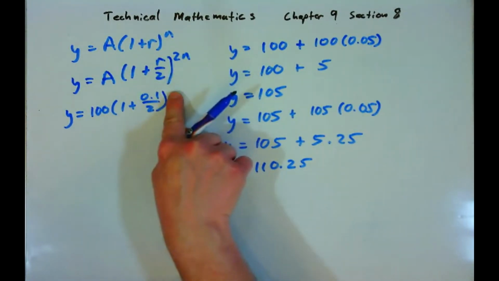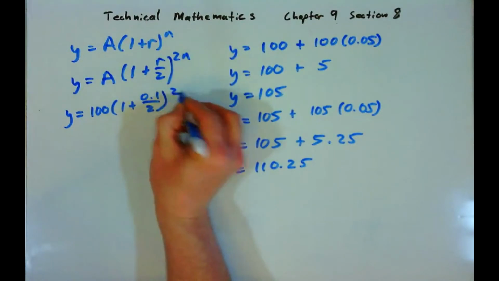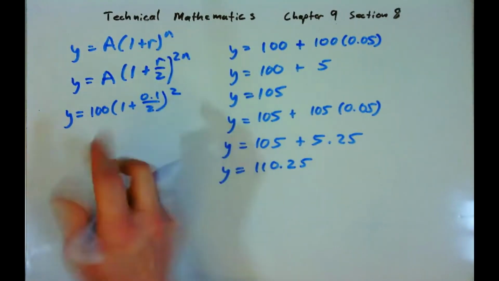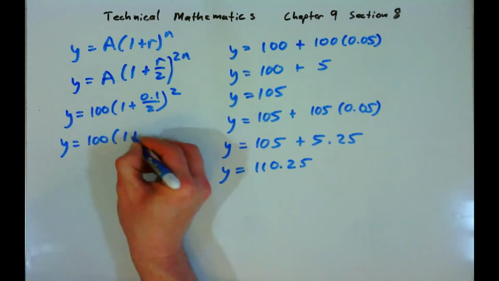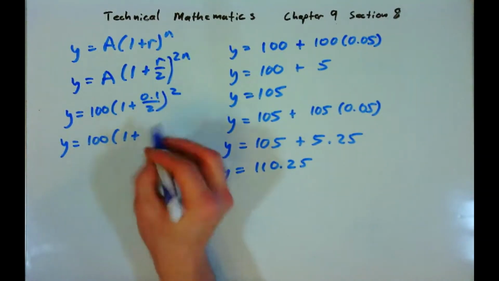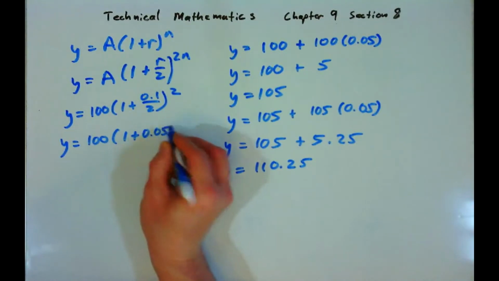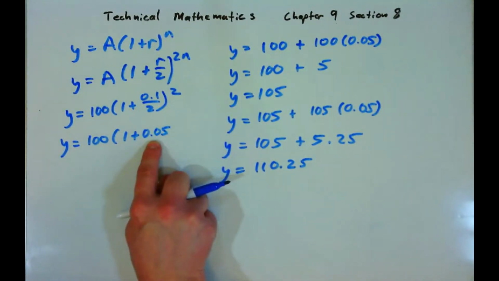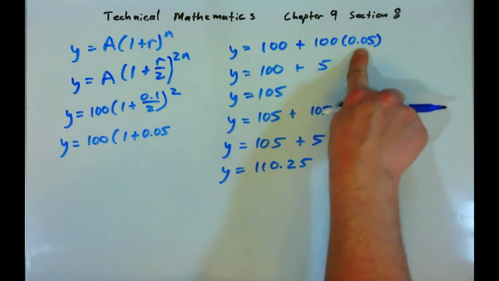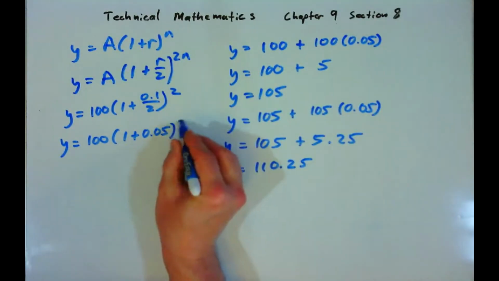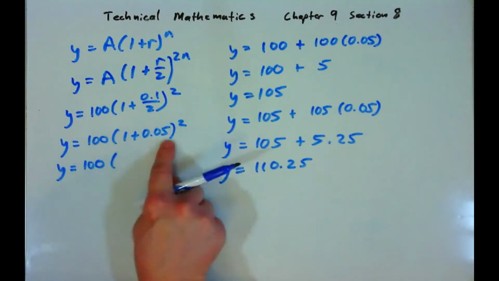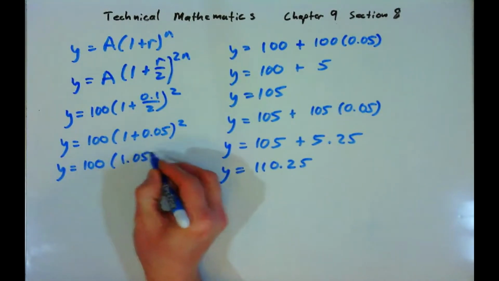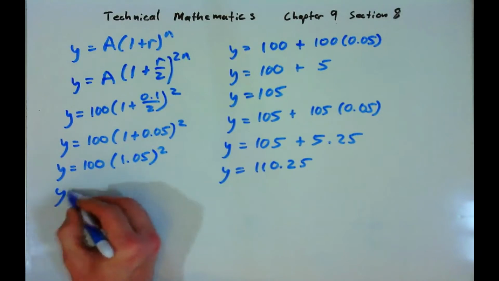And instead of giving it to us at 1 year, they'll give it to us twice in the year. And so the formula becomes y equals 100 times 1 plus 0.1 divided by 2, which is 0.05. That's our effective interest rate that we get every 6 months, to the power of 2. And so y equals 100 times 1.05 squared.